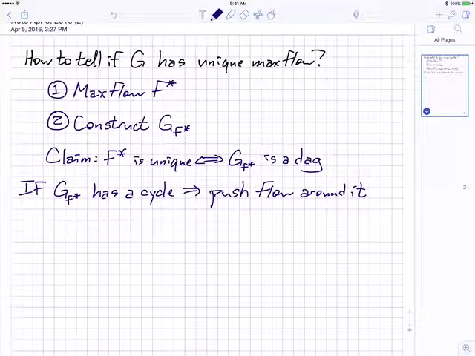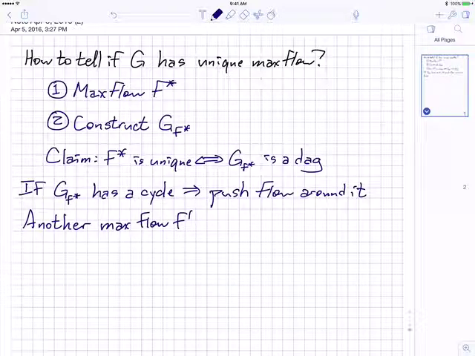Going the other direction is a little bit more complicated, but it essentially boils down to an application of the flow decomposition theorem. So let's suppose that I have some other maximum flow that I'll call F prime.